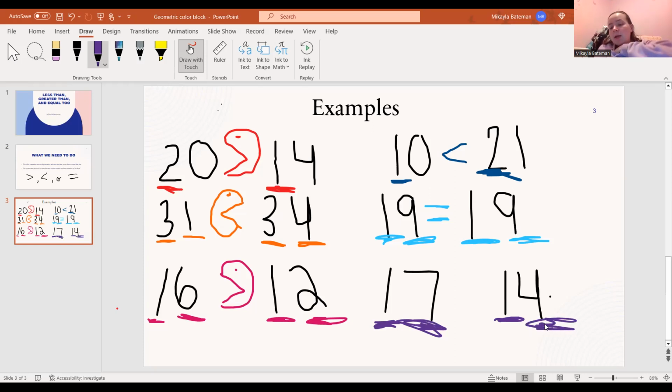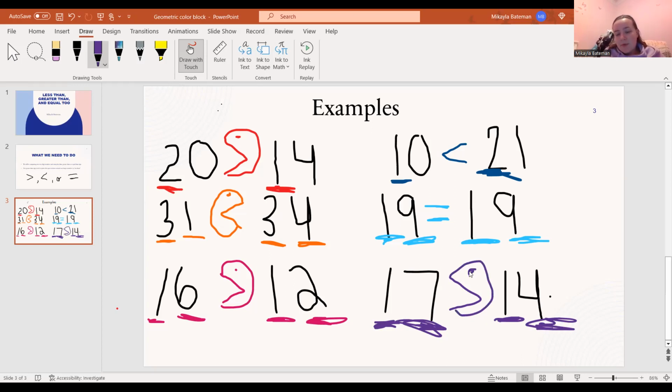And when we look at our table, we know that 7 is bigger than 4. So we want Pac-Man to be greater than and eat the 17. Make a little Pac-Man guy.